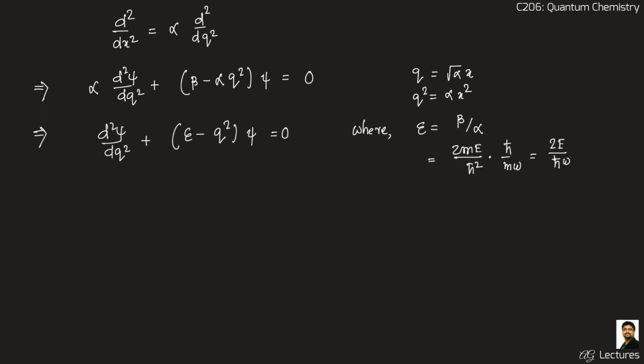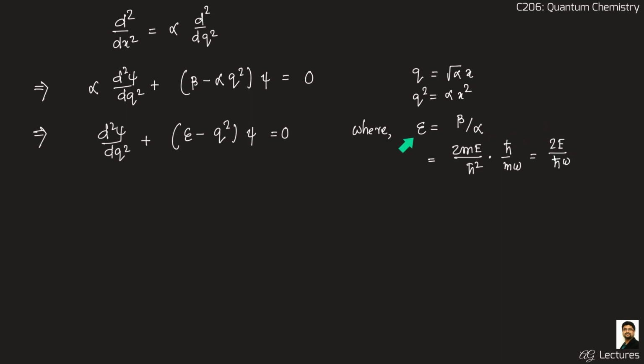So this quantity definitely is going to be dimensionless, because you have h cross omega in the denominator, which has the dimension of energy, and we have E in the numerator, which also has the dimension of energy.